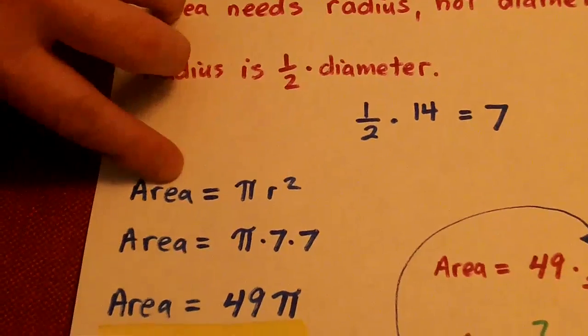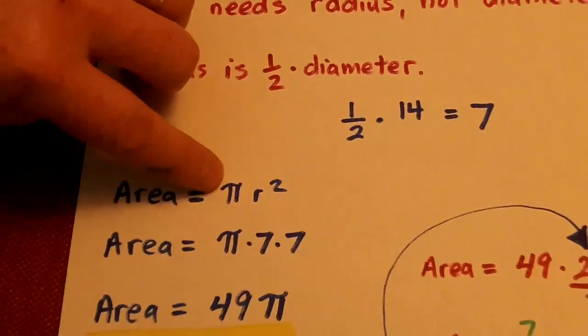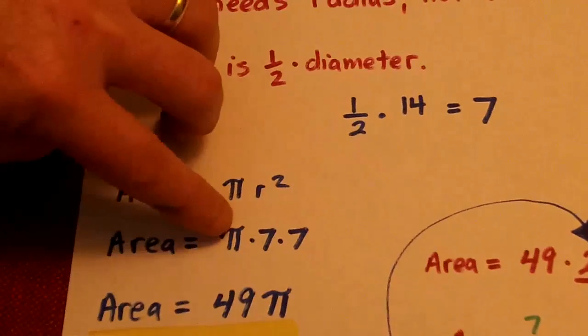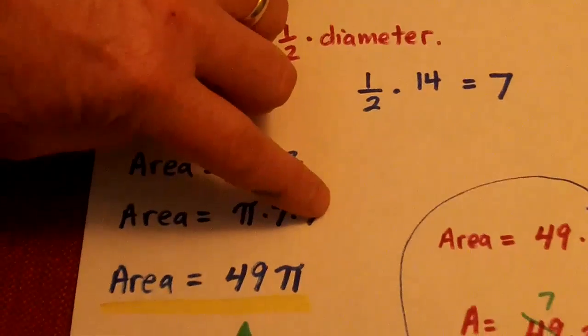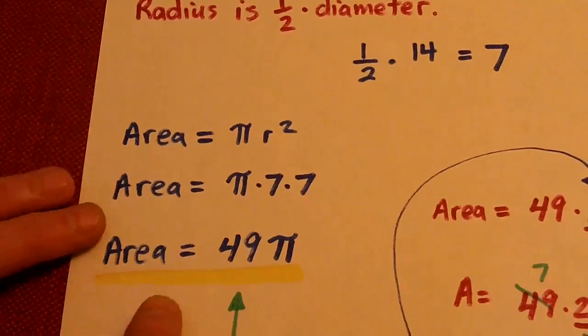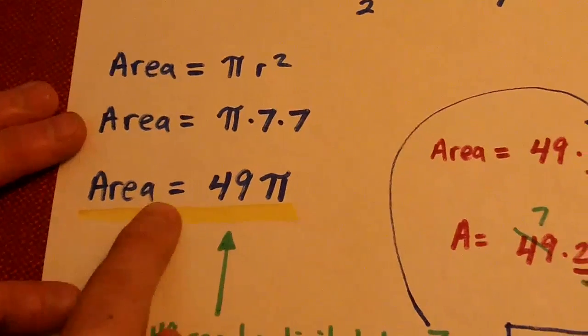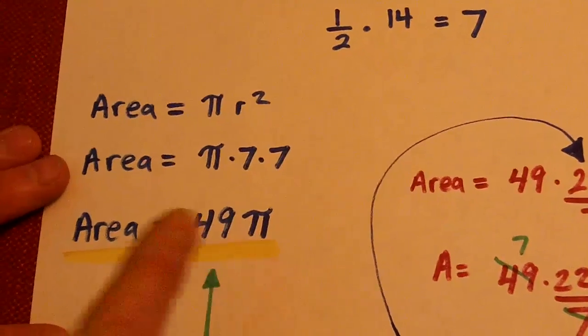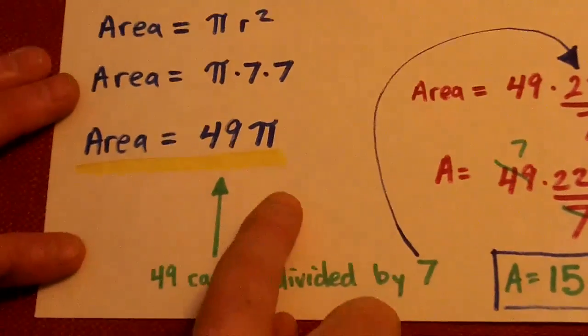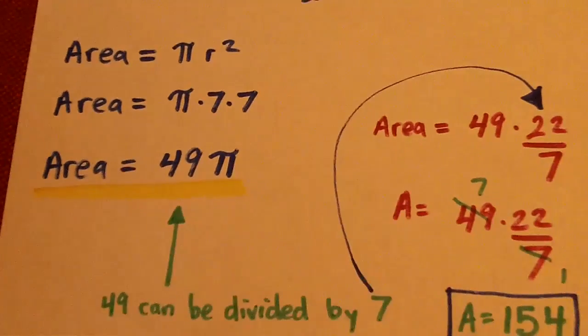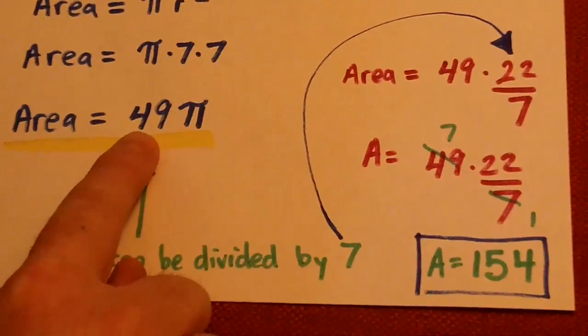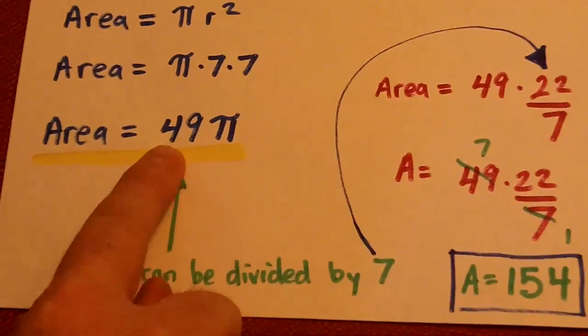Now we go to our formula. Area equals pi r squared. Area equals pi times 7 times 7. If the test just wanted the answer in relation to pi, area would be equal to 49 pi. If the test wanted the actual number, we would say that 49 is divisible by 7.